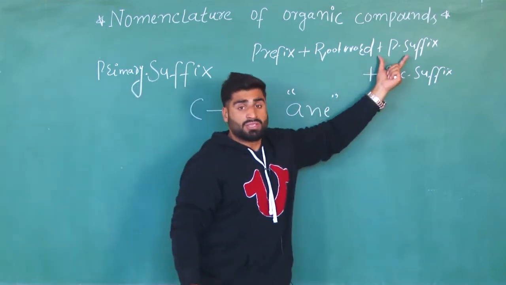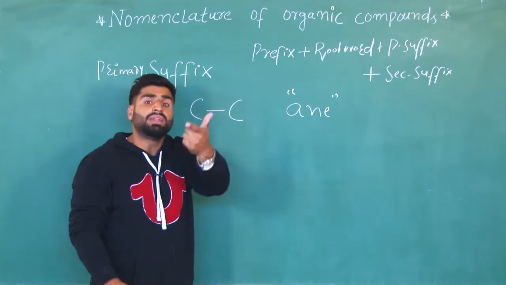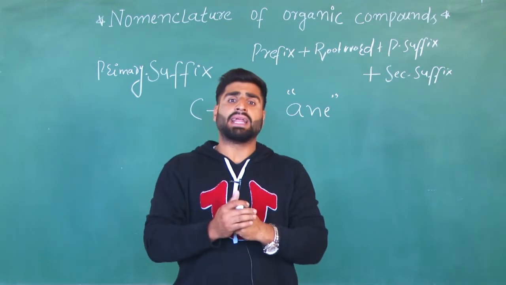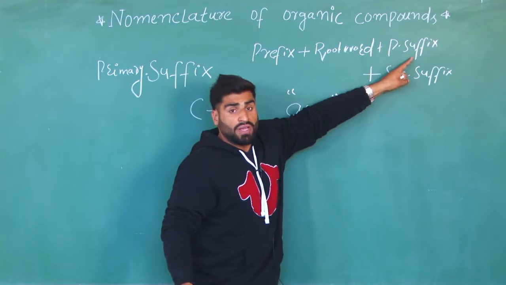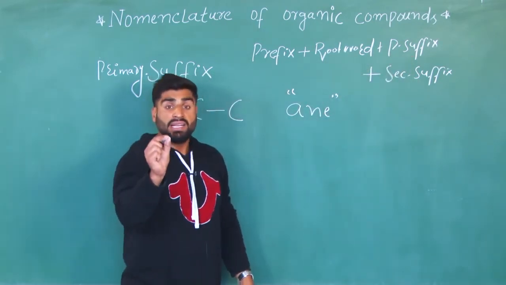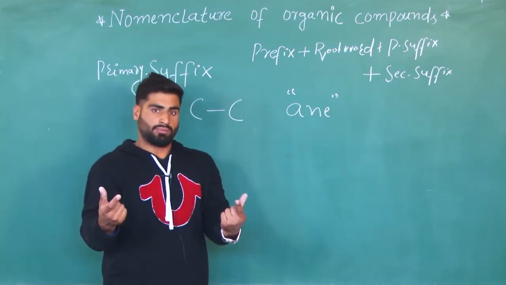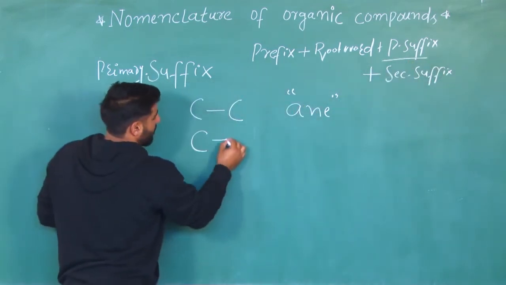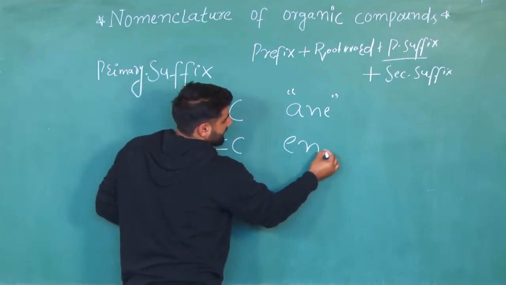Now, there is the primary suffix. The primary suffix simply indicates the linkage between the carbon atoms. If there are only single bond linkages, then we use the primary suffix ane. If there is at least one double bond linkage, one or more than one, then we use the primary suffix ene.